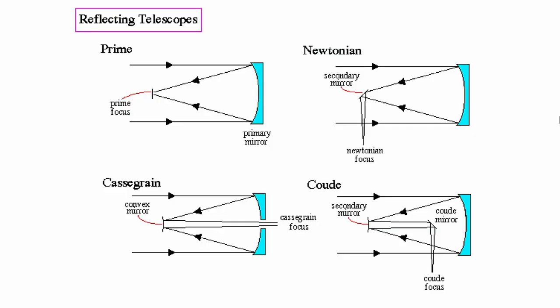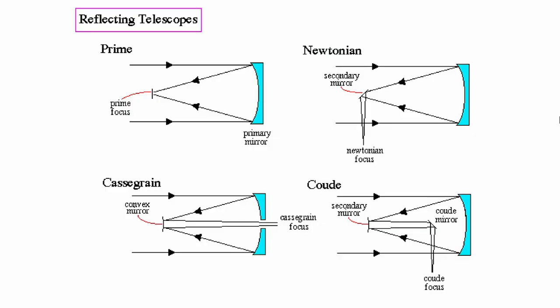Now we've got our primary mirror, and then our secondary mirror is actually a convex mirror that puts the light back through an opening in the base of your primary mirror.